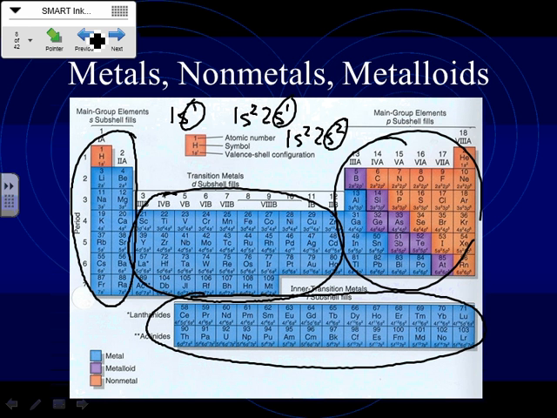Okay, if I did sodium, it would be 1s2, 2s2, 2p6, 3s1. Okay, again, it ends with an s. Does everybody see that? So all of the atoms whose electron configurations end with s, those are called the s block elements, and they're all right here in this group. Okay, that's called the s block.